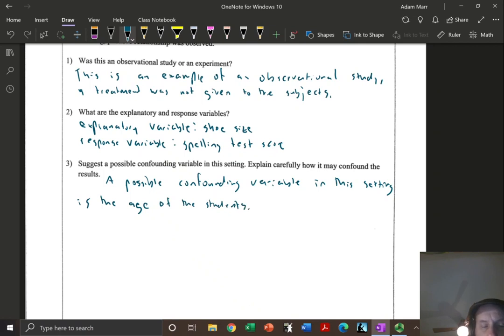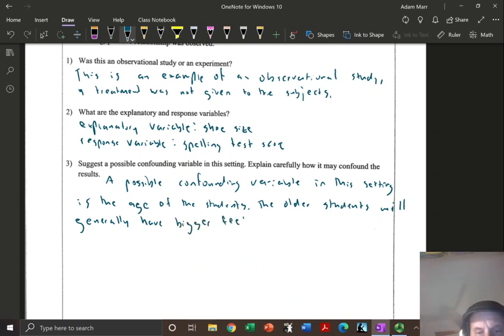And just to back that up, we'll go ahead and say the older students will generally have bigger feet and, of course, they will be better spellers.